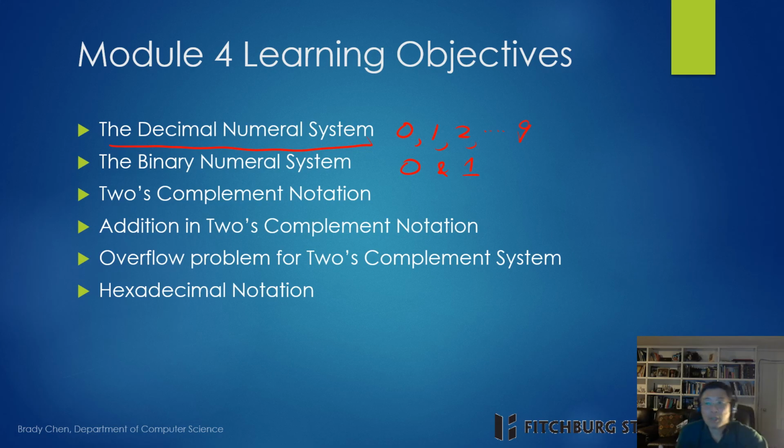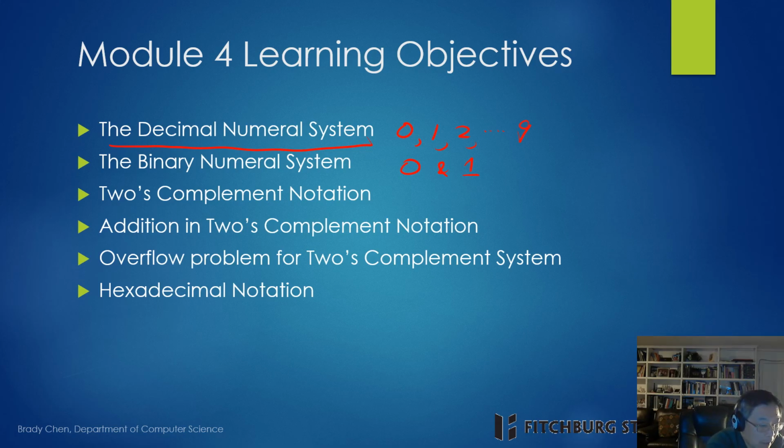The 2's complement notation uses a fixed number of bits to represent both the positive and negative values in the system without introducing the positive or negative sign.